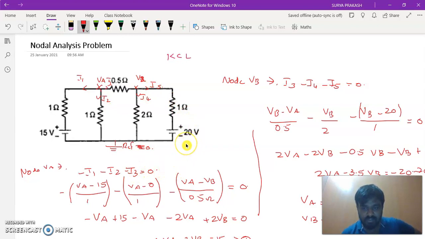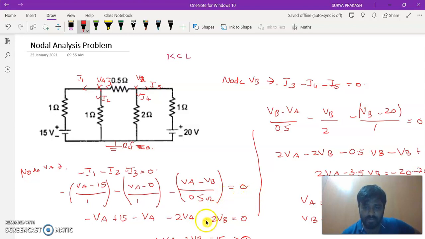If there are any super nodes, which we haven't seen about, obtain the equation directly in terms of the node voltages connected through the voltage source. The next step is to obtain the equation for each branch current in terms of node voltages and substitute it into the equation obtained in the third step.